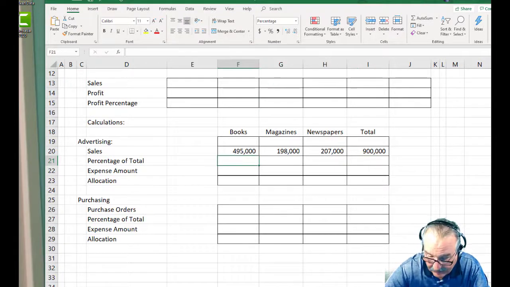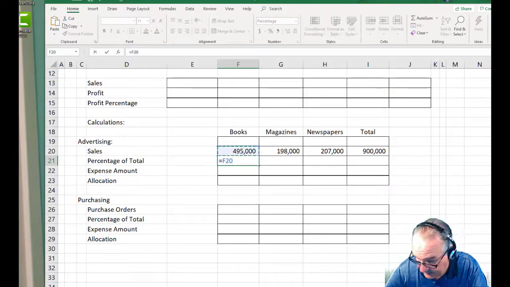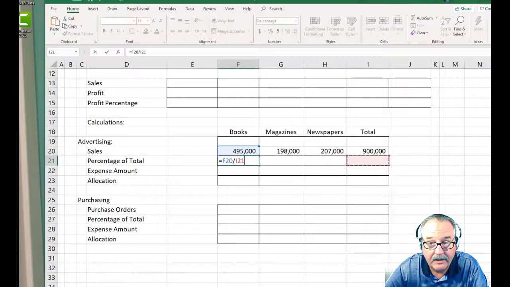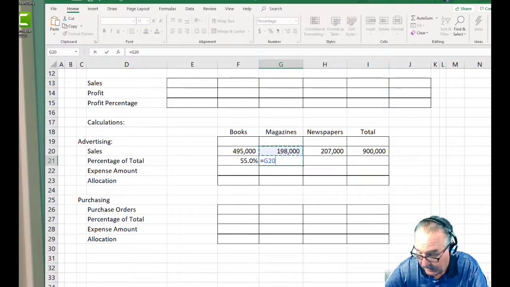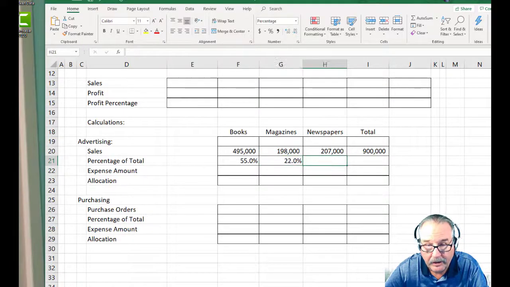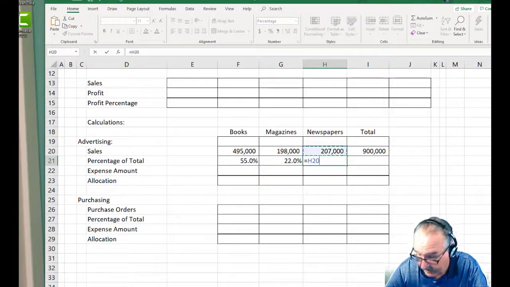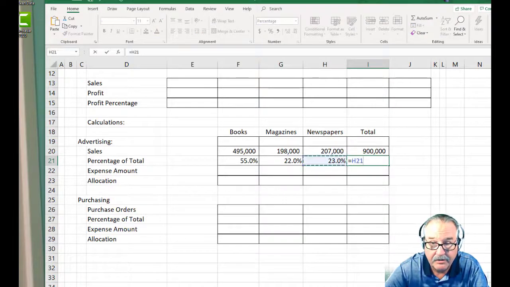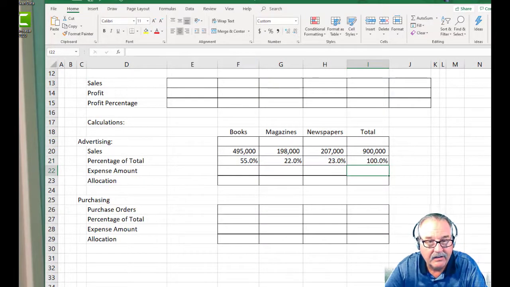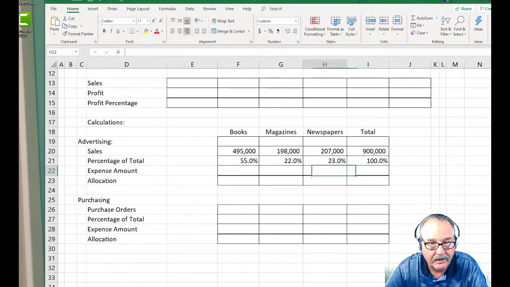If we calculate the percentage of total sales, we get 55% for books, 22% for magazines, and 23% for newspapers. That total should add up to 100%. All I did was divide the sales of each department by the total sales.